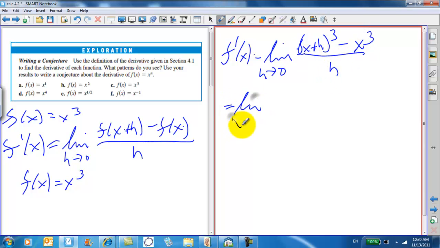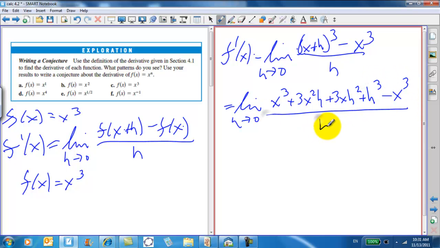So we get the limit as h goes to 0 of x cubed plus 3x squared h plus 3x h squared plus h cubed minus x cubed all over h. And then it turns out that we can cancel the x cubes, and that's key.